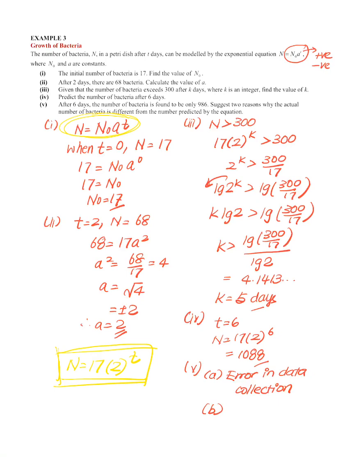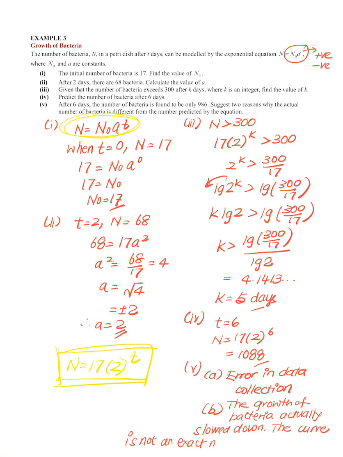So the second reason would be that the growth of bacteria actually slowed down, so the curve is not an exact model of the growth.